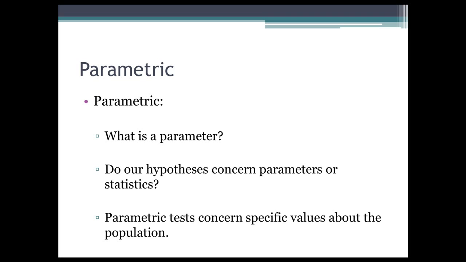And when you do that, all your hypotheses are concerning parameters rather than statistics, because you are trying to generalize to the population. And the parameter is a numeric value that represents a characteristic about the population, versus a statistic, which is indicative of a value of characteristic to a sample.